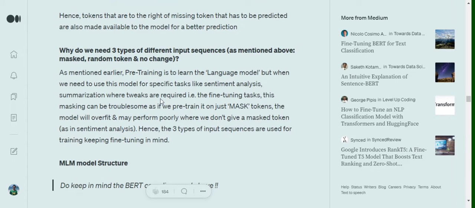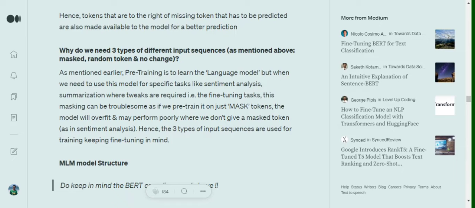Also, there can be a question: why do we need three different types of input? We are masking certain tokens, we are replacing random tokens, and in some of them we are not changing anything. As I told you, in BERT the pre-training part is majorly to understand the language model, right? But eventually we would be fine-tuning it as well.